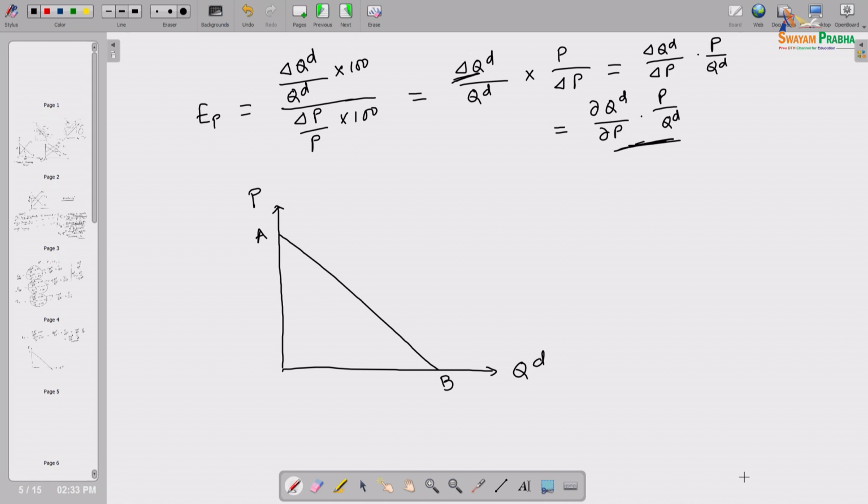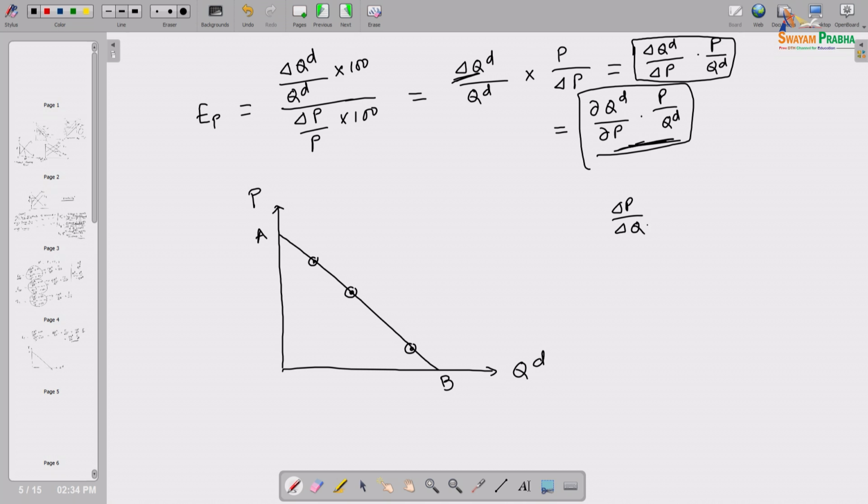Okay. To be specific, look here at the definition of elasticity of demand. This is the definition, with this or this, whatever delta or del notation you are using, right. Now, since it is a straight line, the slope of the demand curve here, here, everywhere is the same, and that slope is denoted by del P by del Q, because P is measured on the vertical axis and Q on the horizontal axis.